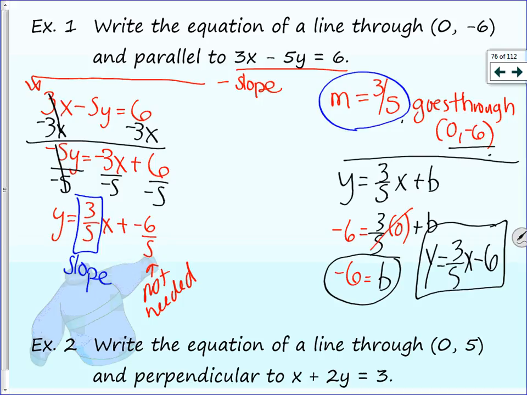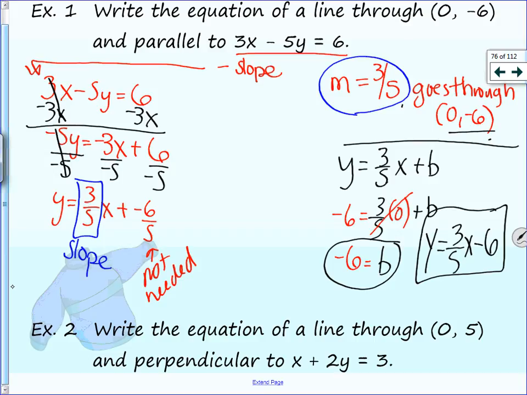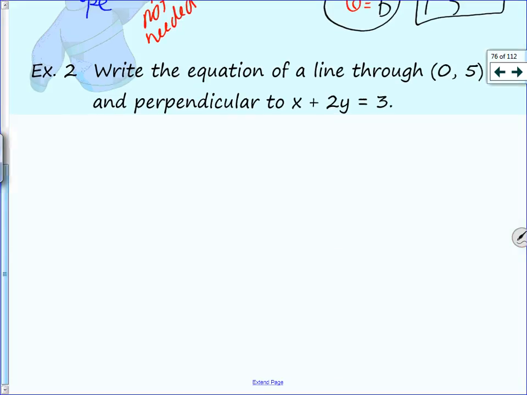Next one. Write the equation of a line through (0, 5), which is perpendicular to this line. Let's scroll up a little bit. So first step is to use this line, and the only thing I need from this line is the slope.